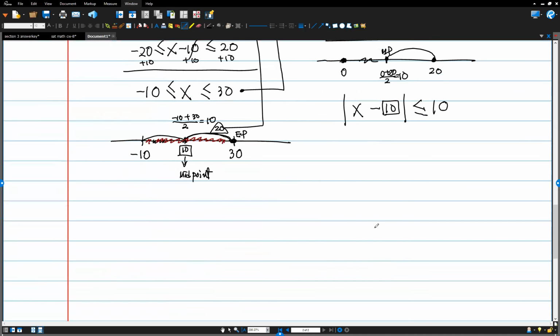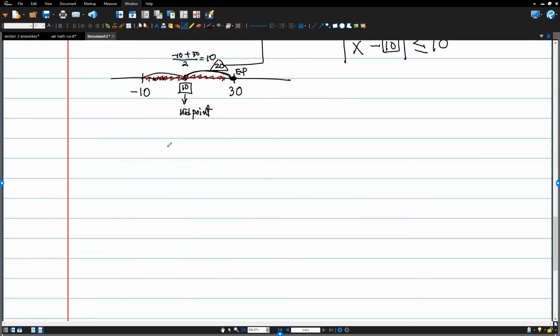Okay, we're going to have another example, a little more different. Now x is between 8 and 40. Now we're going to change this form using absolute value.